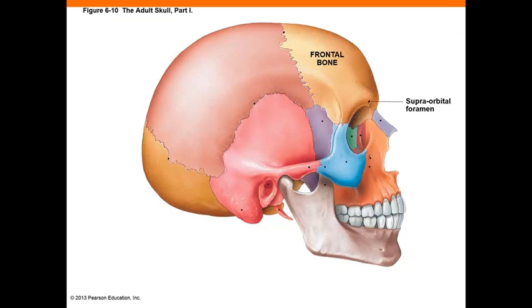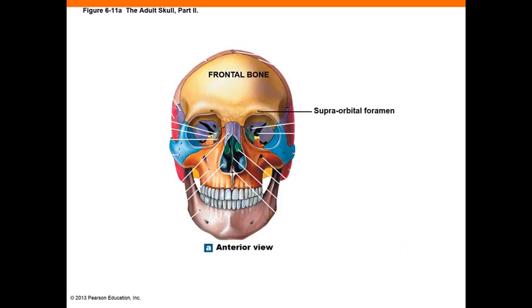So we're going to start with the frontal bone, pictured here in kind of a light orange. The frontal bone forms the forehead and the roof of the orbits, or eye sockets. It also has the supraorbital foramen, which I pointed out on the very first slide of this section.